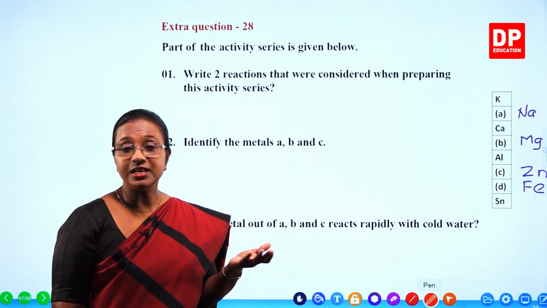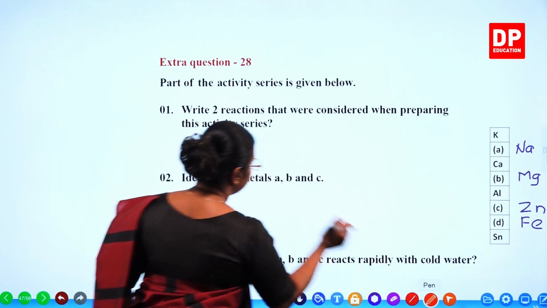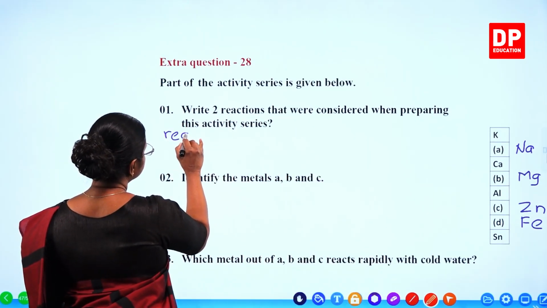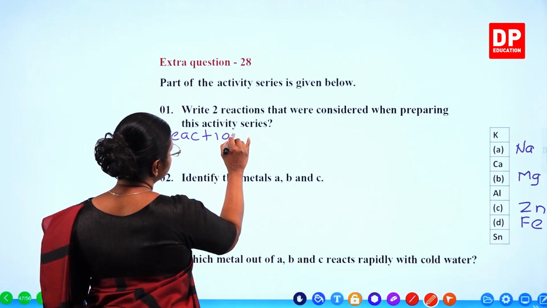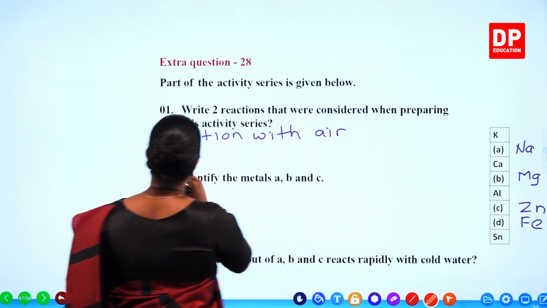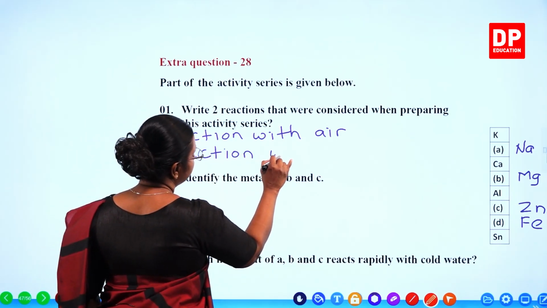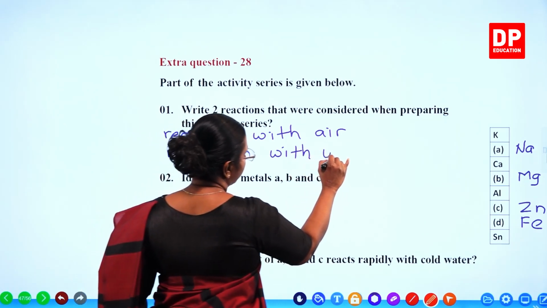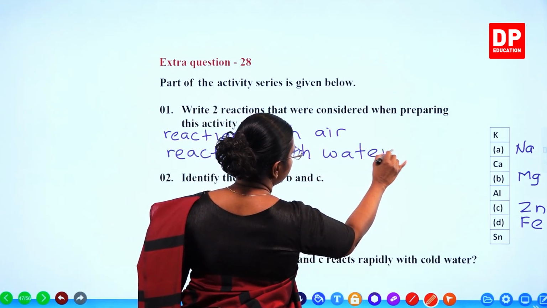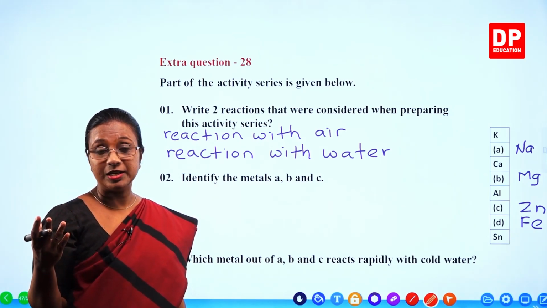So you can write any 2 reactions. I will say reaction with air, then reaction with water. So you can also say reaction with dilute acids and displacement reactions.